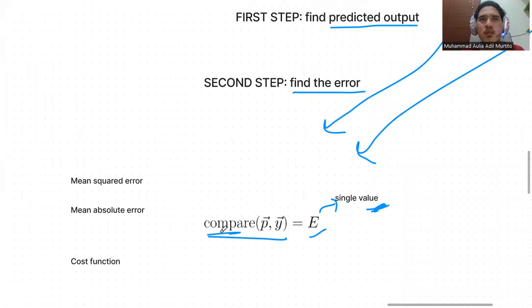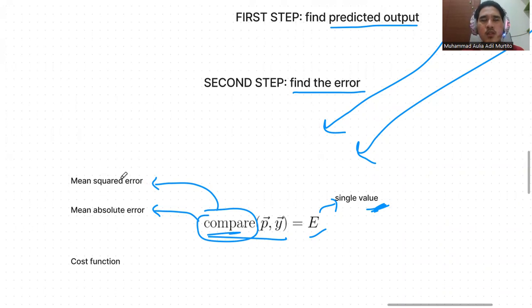So this compare function is actually an algorithm, an error formula. It could be a mean squared error, or it could be mean absolute error, and then you just have to choose when you want to implement it.